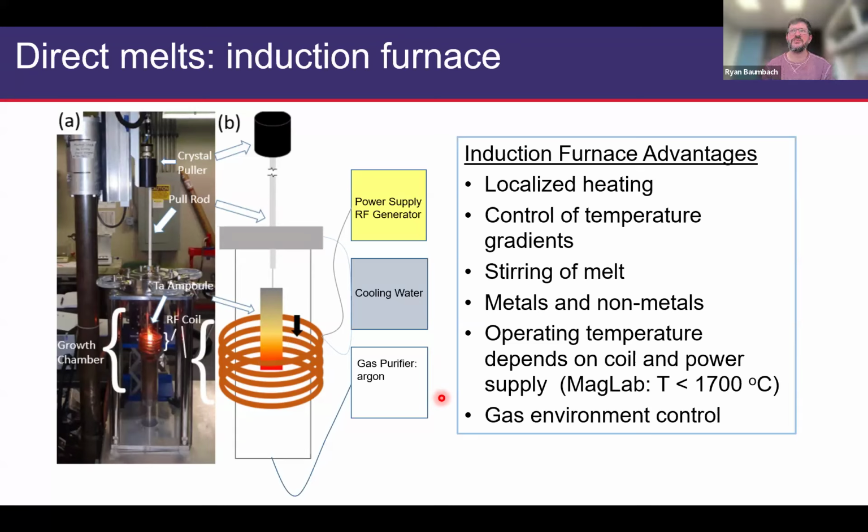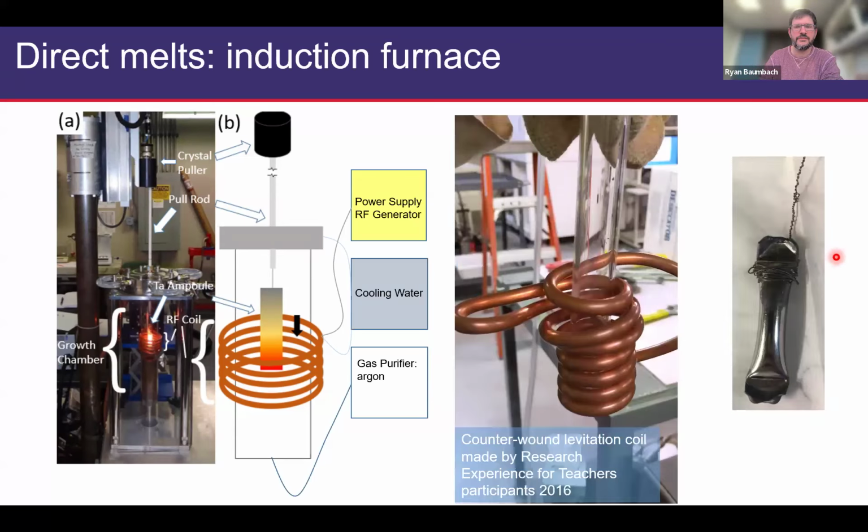Those tend to max out around 1500. Ones that you might buy from MTI, the company, it's more typical to have 1100 or 1200. With our induction furnace, we routinely go to something like 1700 degrees C. So it's a powerful technique, a good way to create direct melts.